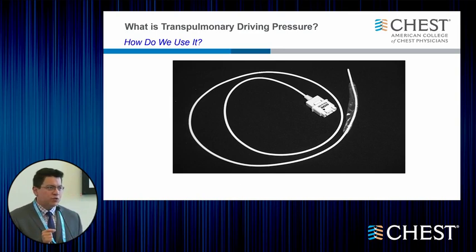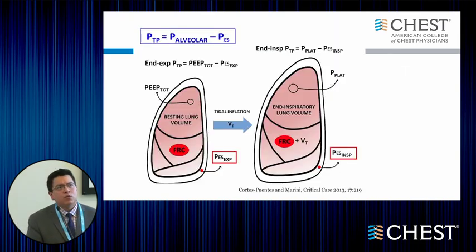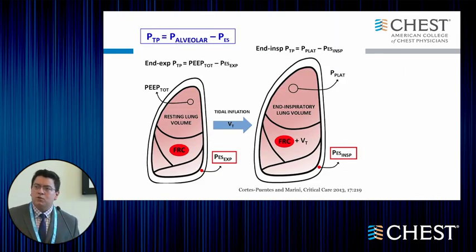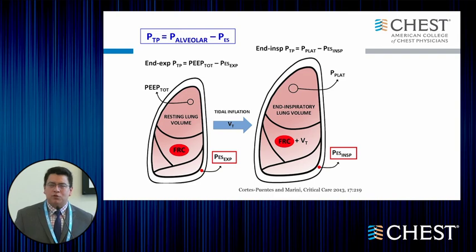Again, esophageal pressure is your surrogate for your pleural pressure. And what we do is basically try to estimate your transpulmonary pressure. As we discussed earlier, your alveolar pressure at the end of expiration is going to be your total PEEP, and then you will have a measurement of your esophageal pressure. And your plateau will represent that alveolar pressure at the end of inspiration.